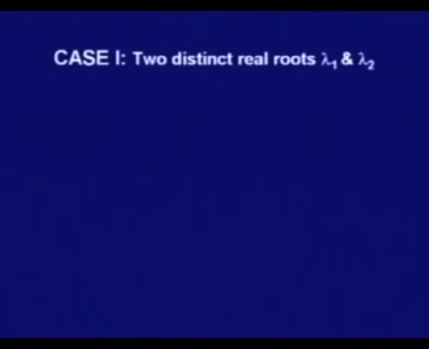Case 1, two distinct real roots lambda 1 and lambda 2. So, we do have the two solutions y 1 as e to the power lambda 1 x and y 2 as e to the power lambda 2 x. We see that these two solutions are linearly independent. We can check by taking the ratio of these two solutions.